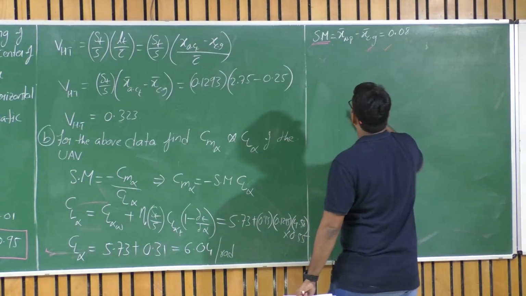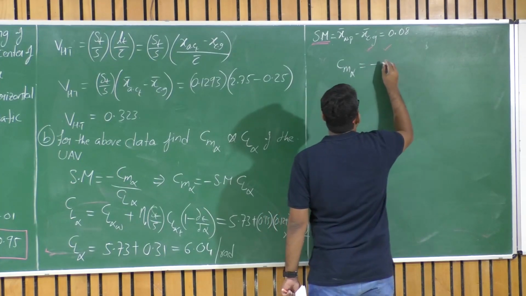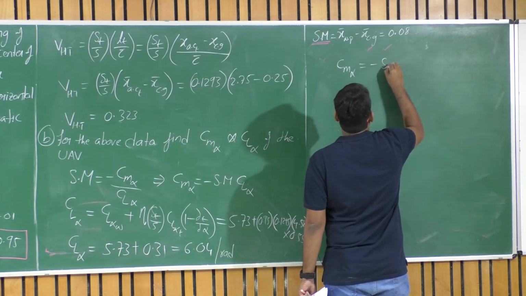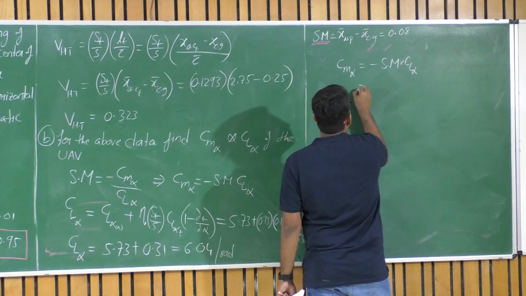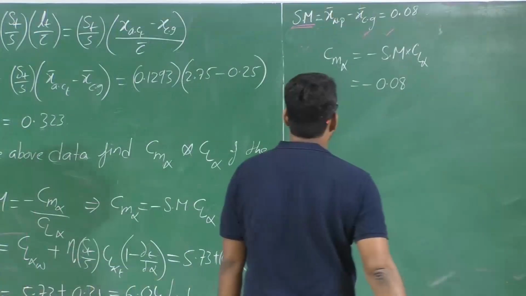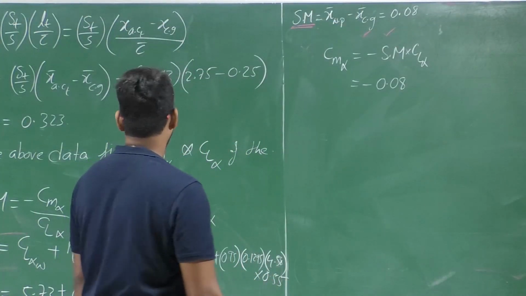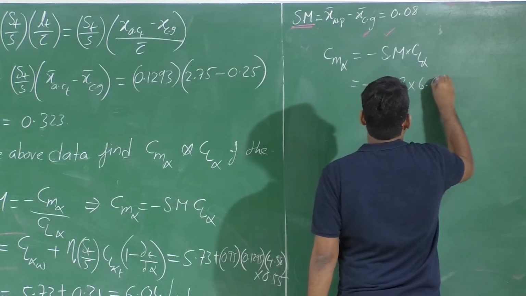Right. So with the current CG location, CM alpha is equal to minus of static margin times CL alpha of the entire UAV. So this is minus of 0.08, right, static margin multiplied by 6.04.